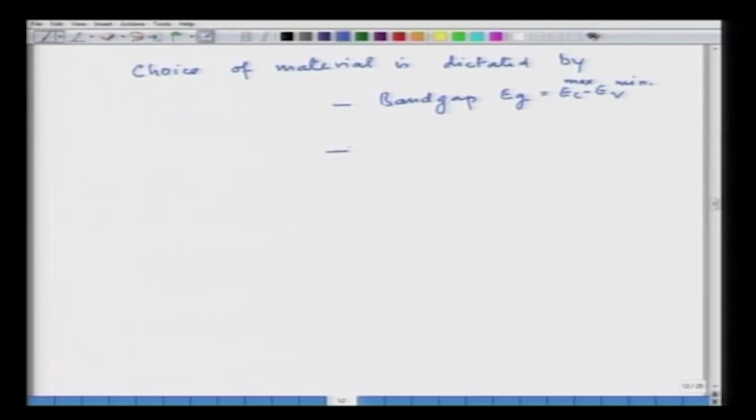The choice of material is also dictated by how electrical properties are dependent, the mobility, and most important for various devices its availability.